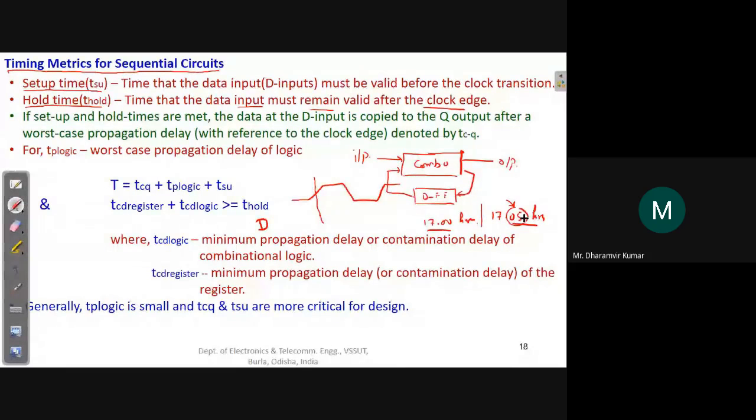It is a condition put on the signal so that it remains held there for a small duration of time, even after the clock edge has passed. So some duration before and some duration after this transition. The first is the setup time, T setup, and the second is hold time, T hold.